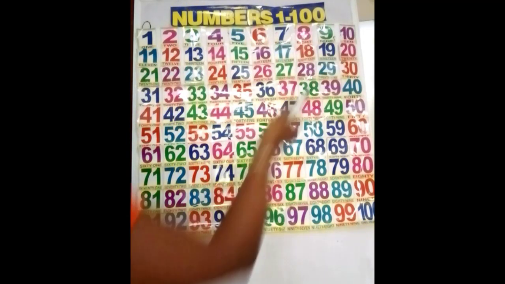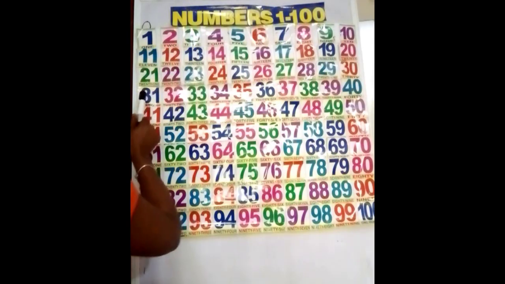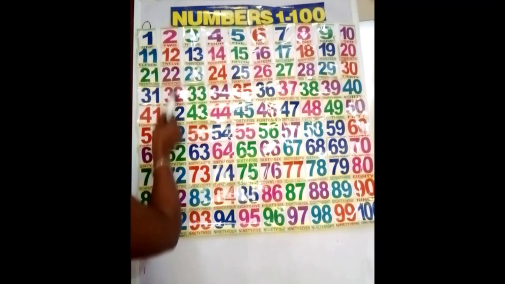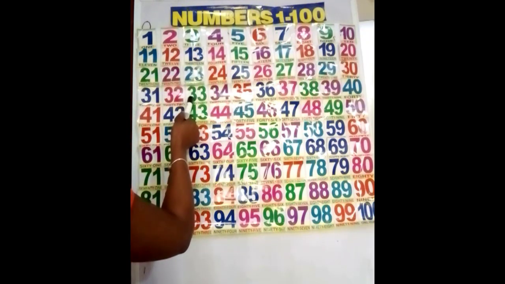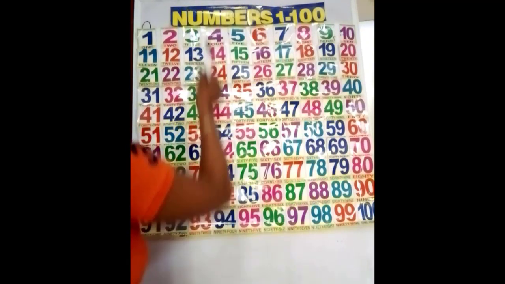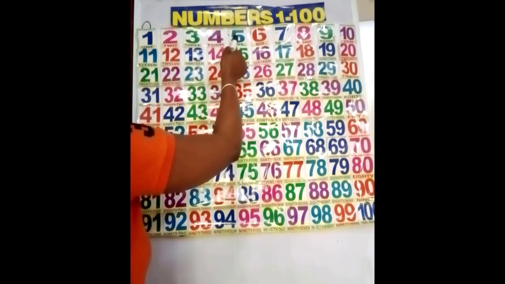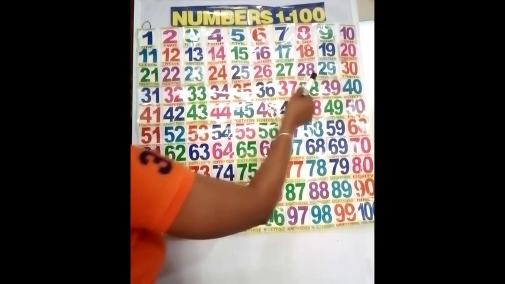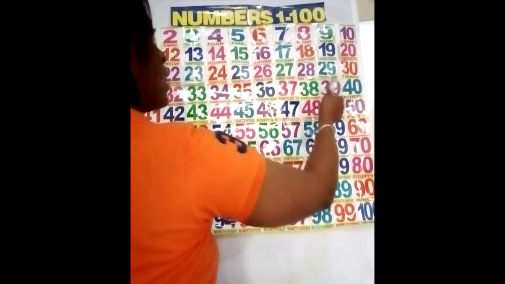It's as simple as that. Now the next number after 30 will be 31. You look at it, it's under 1. 32, 30 and 2, 33, 30 and 3, which is 3 tens and 3, 34, 30 and 4, 35, 30 and 5, 36, 37, 38, 39.